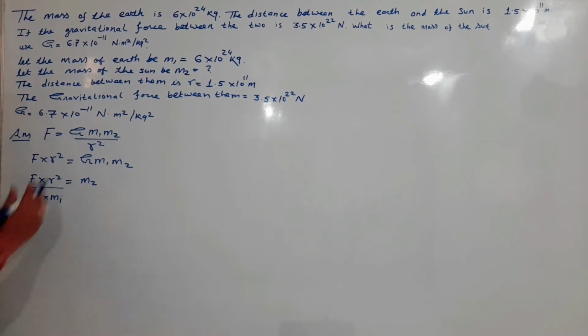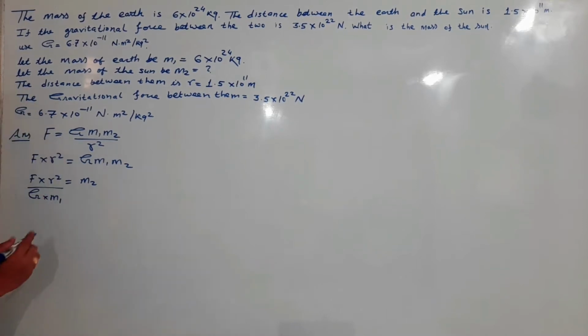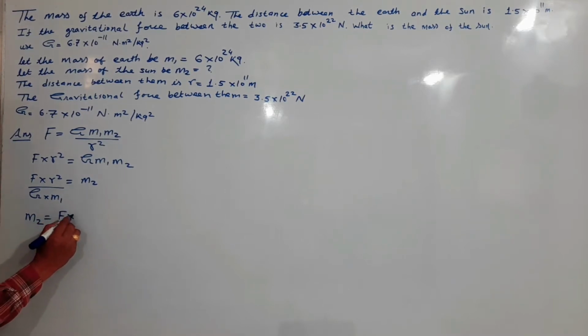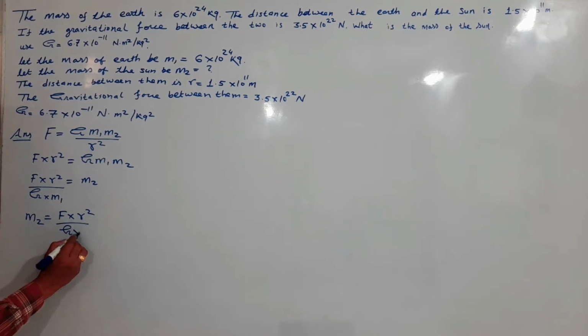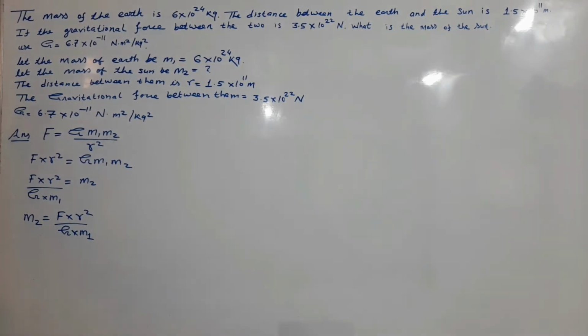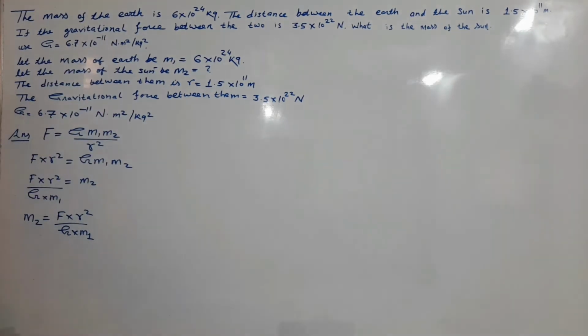My dear student, we have arranged the formula in such a way that we got m2 is equal to F into r square upon G into m1. But what is m2? m2 is the mass of the Sun. So our formula is correct.